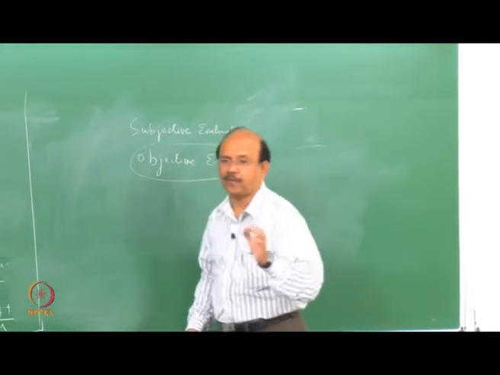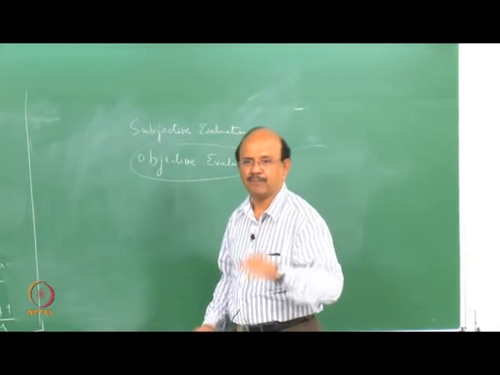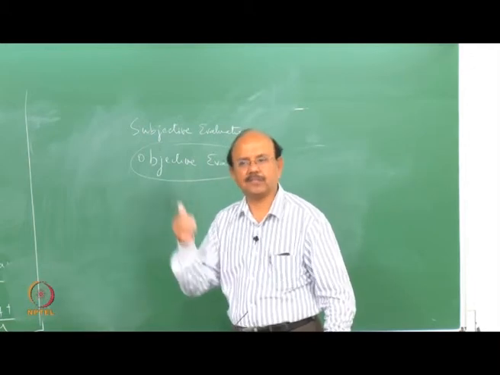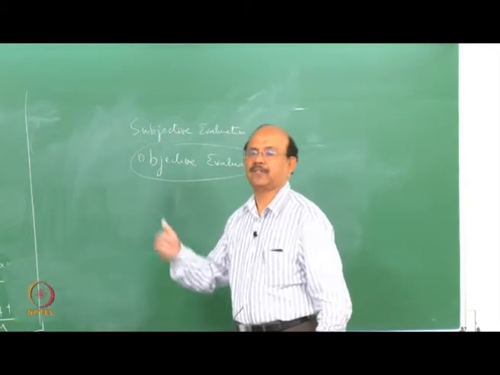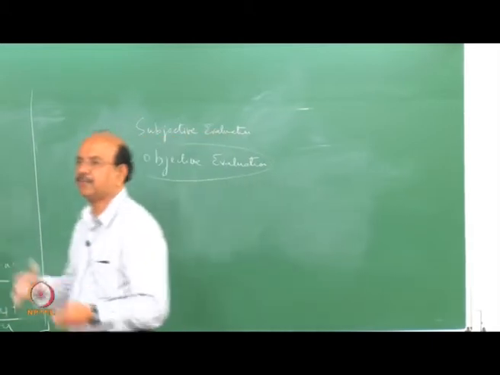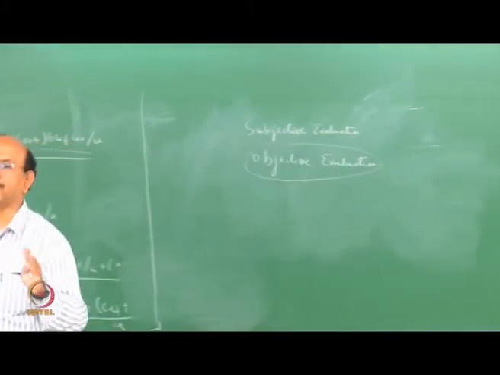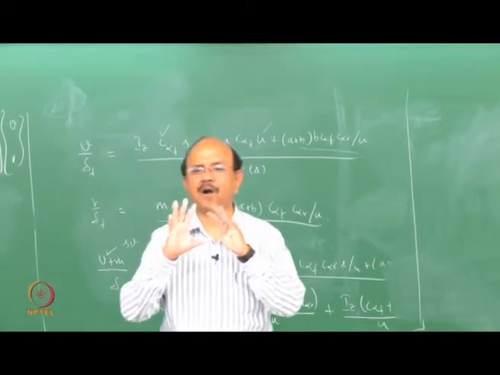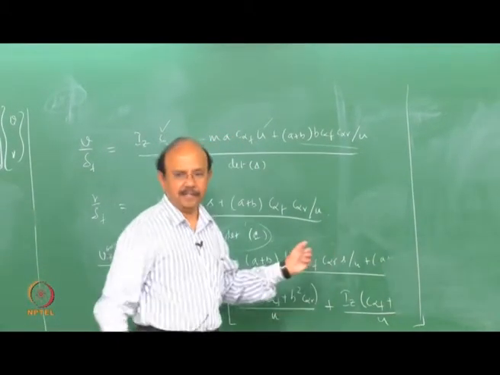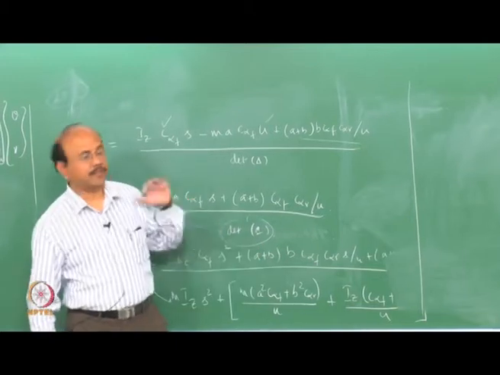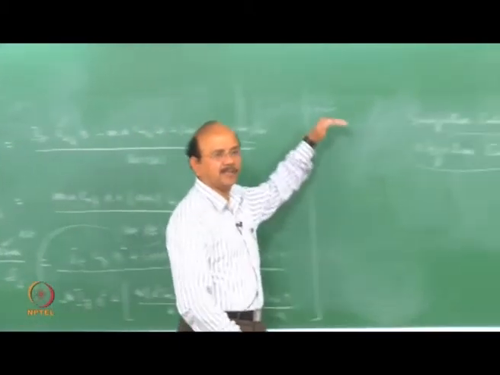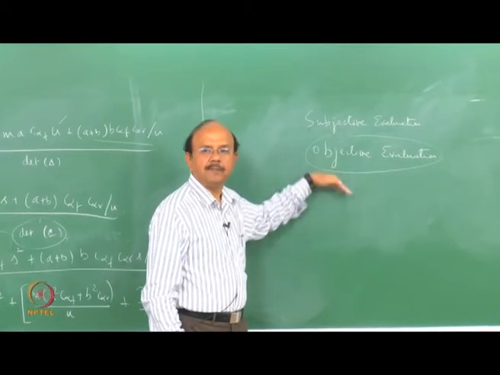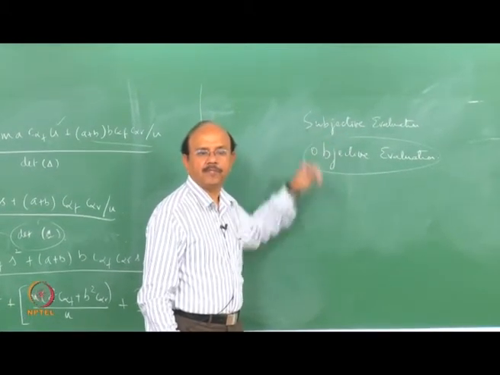Because objective evaluation very clearly tells you what characteristics of the car make it good or bad. Subjective evaluation by the driver would only tell you whether this car is good or that car is good in a language which is not necessarily very technical. Of course, every car company relies on subjective evaluation, but it's very important to bridge this gap and marry these two, subjective and objective evaluation.